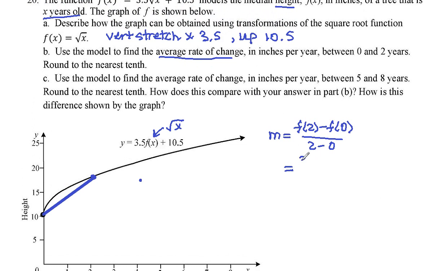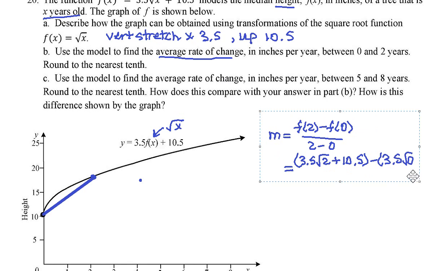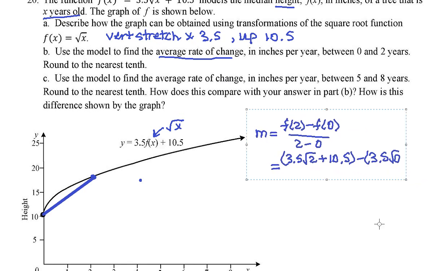So you're going to have 3.5 times square root of 2 plus 10.5. And then subtract off 3.5 square root of 0 plus 10.5. And then we're dividing by 2 minus 0, which is 2.